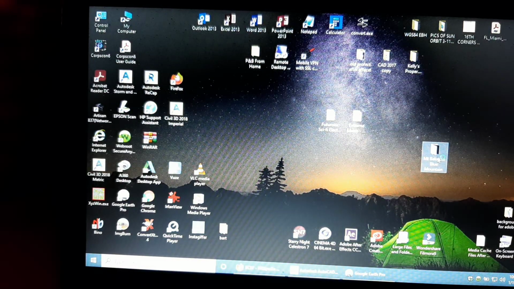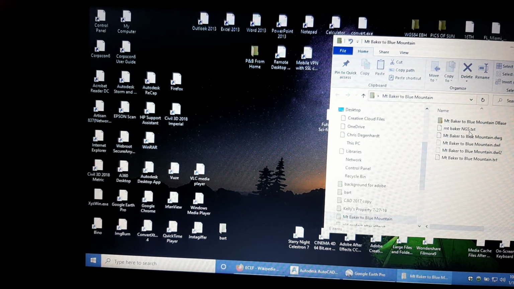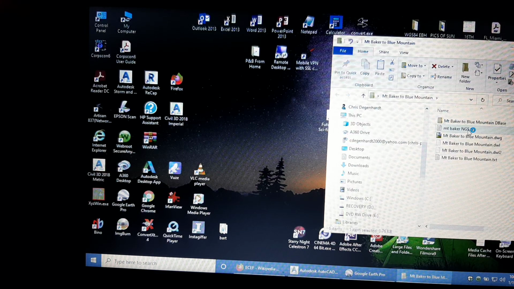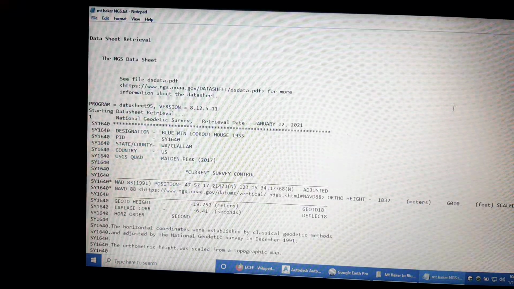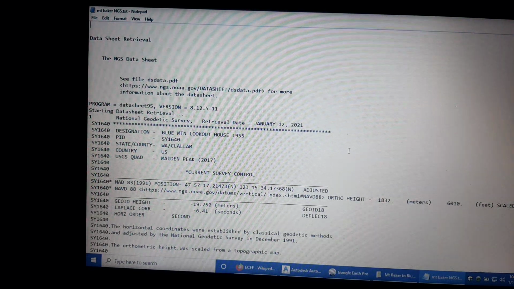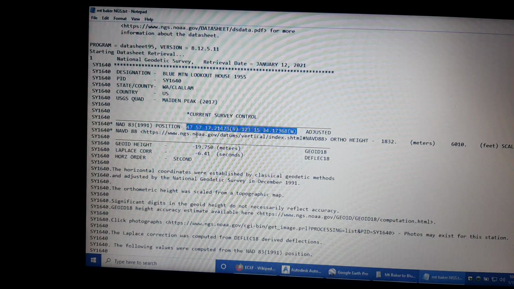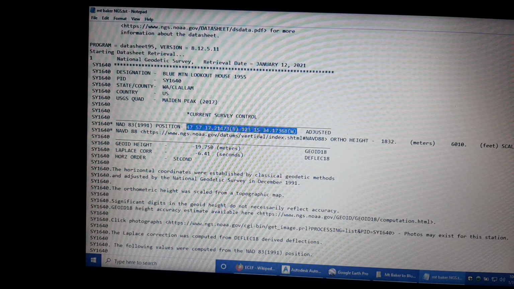I do have one of the marks from NGS, but I didn't have the Blue Mountain one. So the NGS for Mount Baker, which I do have, it tells me right here the position, which is 47 degrees, 57 minutes, and 17 seconds north, 123 degrees, 34 minutes, 15 seconds west.